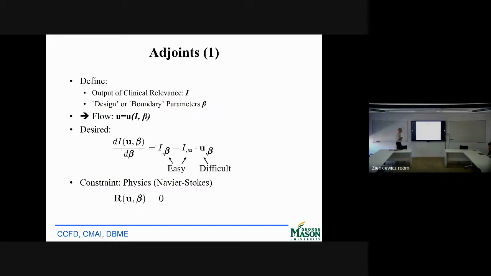What we want to have is this derivative: the derivative of this clinical relevance output with respect to a change of inflow or a change of geometry. And so you get the partial derivative, which is relatively easy in most cases, but then you have the influence here of the change of unknowns if you change the variables. Okay. What comes here as a help is the physics constraint. So imagine that this is Navier-Stokes.